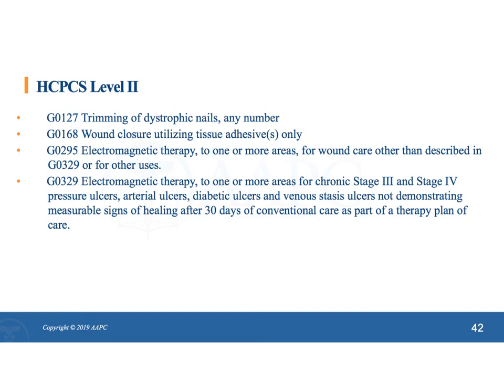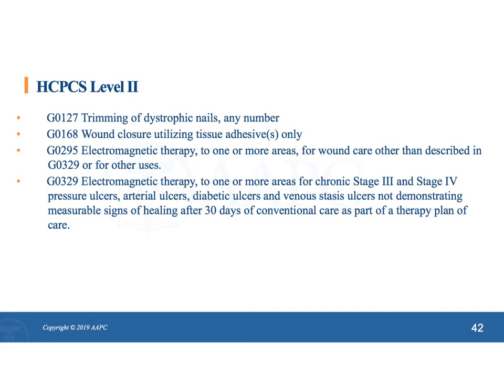G0168 is wound closure utilizing tissue adhesive or adhesives only. G0295 is electromagnetic therapy to one or more areas for wound care other than described in G0329 or for other uses.